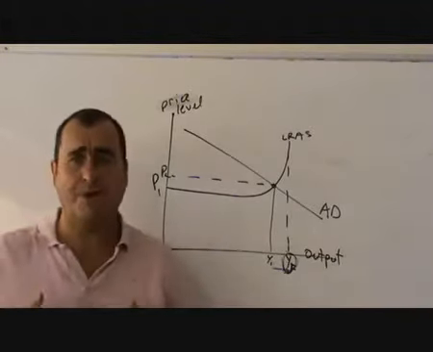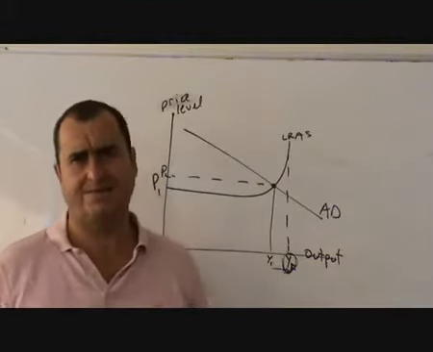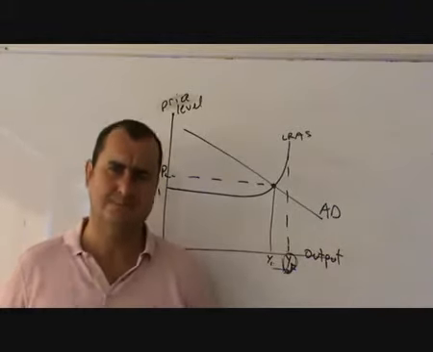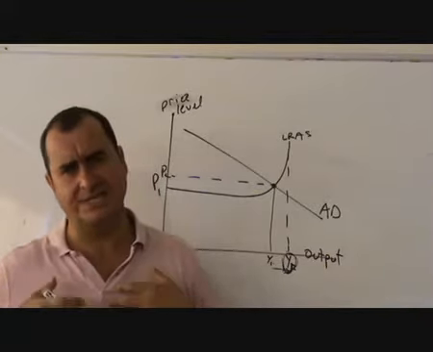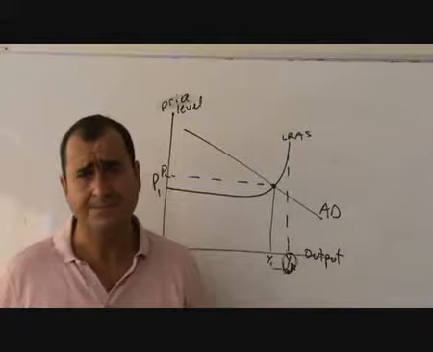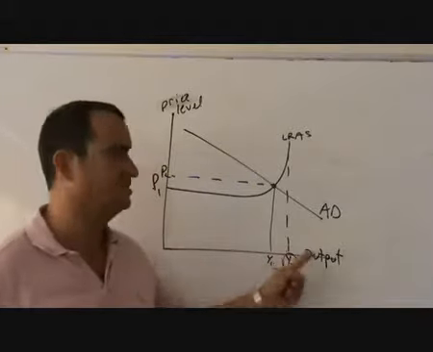Now, one of the policies that governments have at their disposal is fiscal policy. Fiscal policy is when a government changes its level of spending, G. G is a component of aggregate demand.